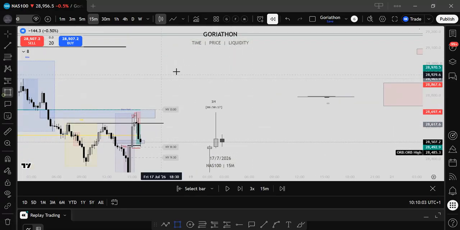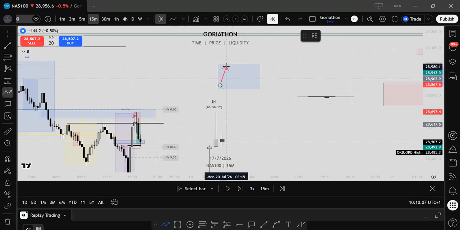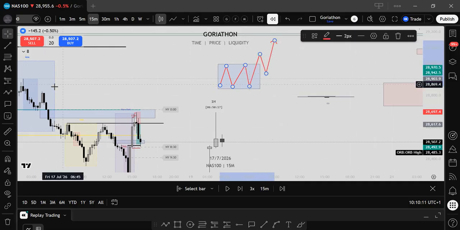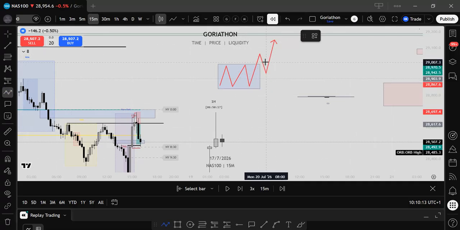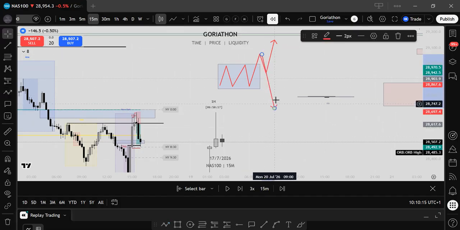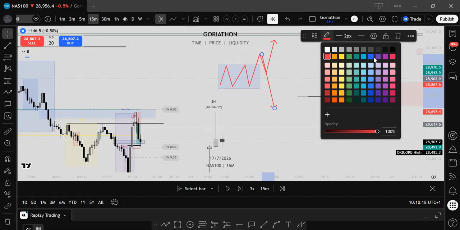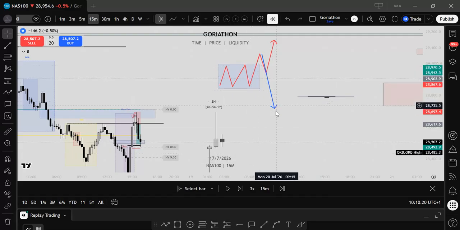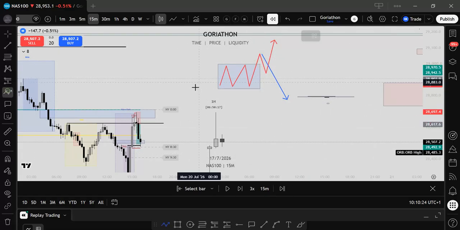So once again, to summarize, you have the range here. This is one scenario, or this is the other scenario, right? Simple. So you've got two scenarios, depending on where the market breaks out, right? So you have the other one here.